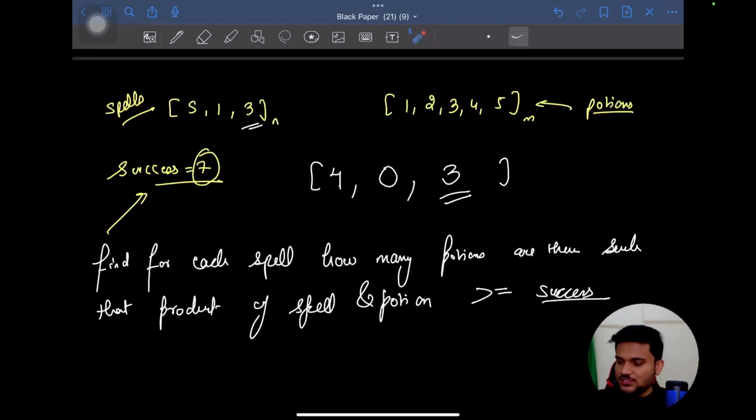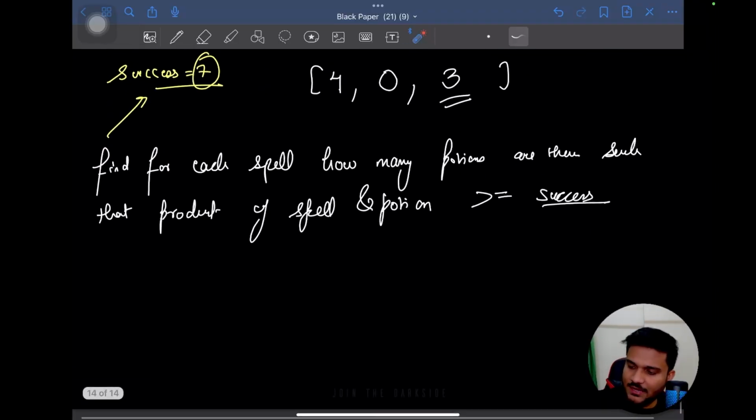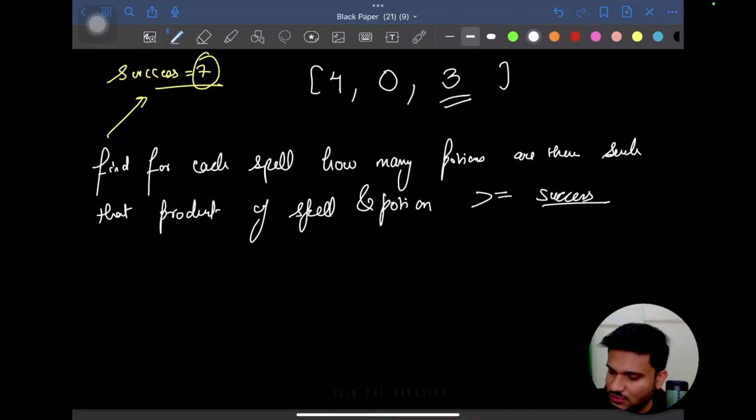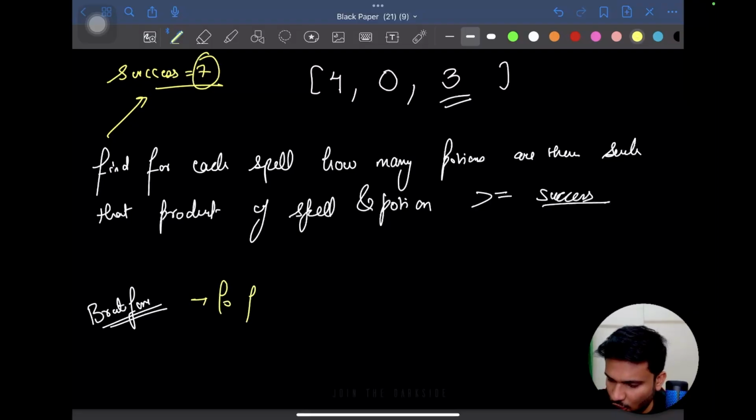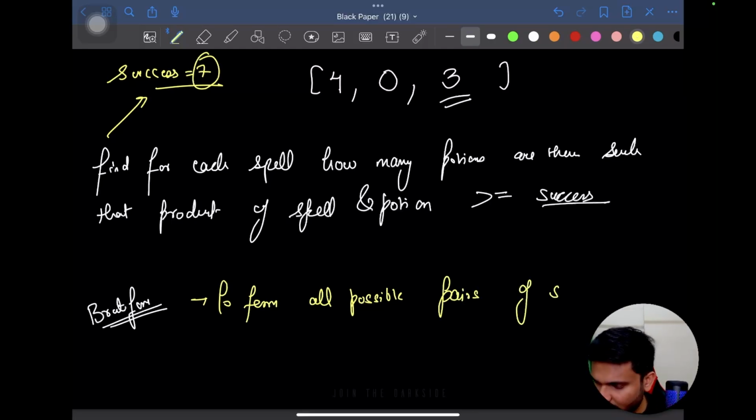Now, how can we actually solve this question? A pretty plain brute force solution would be to form all possible pairs of spells and potions.